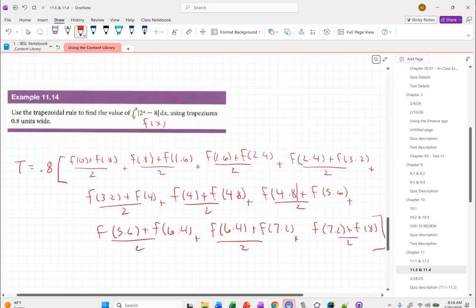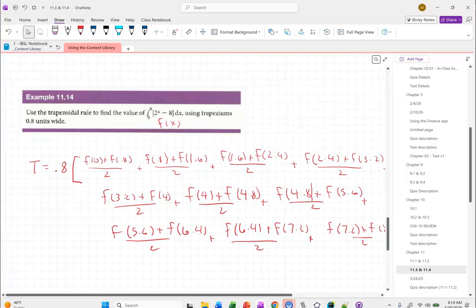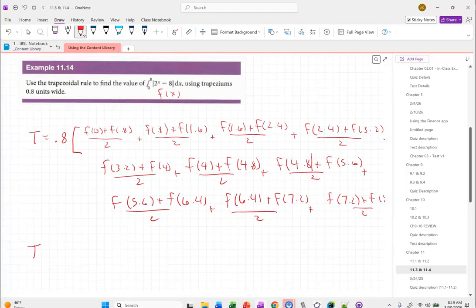So if you count up, I have 10 of these base 1s plus base 2s, right? Notice we can simplify this down a little bit. Since everything is over 2, I can factor that out, and basically ditch this part.